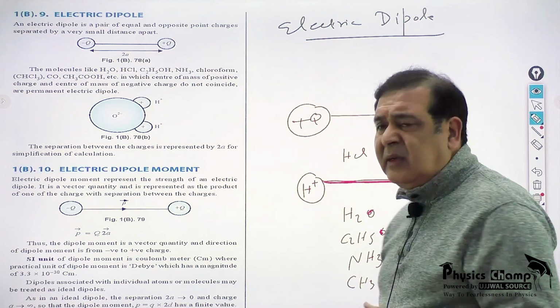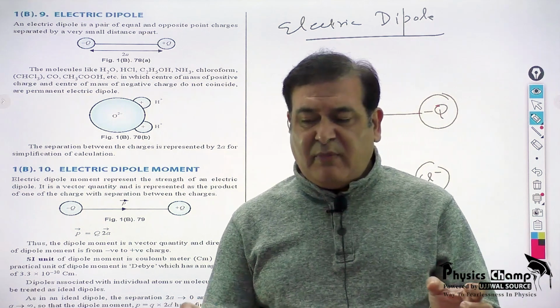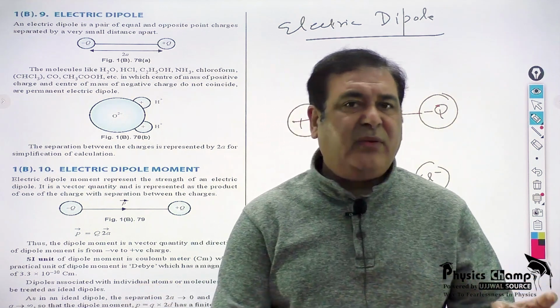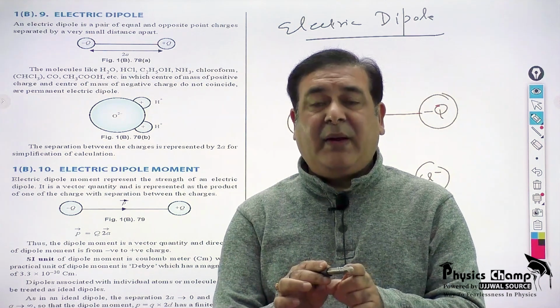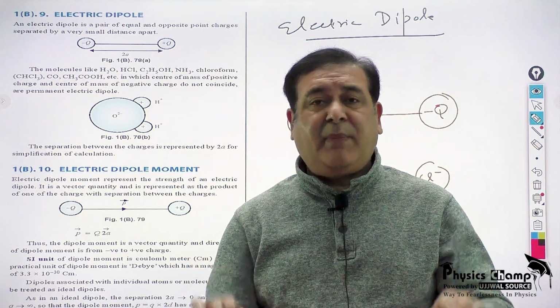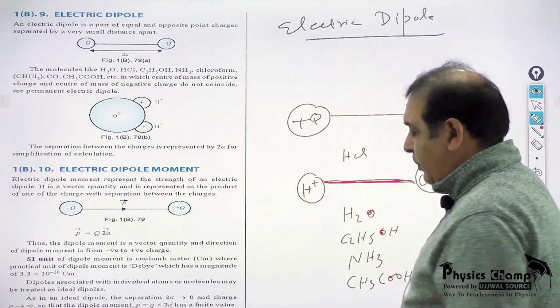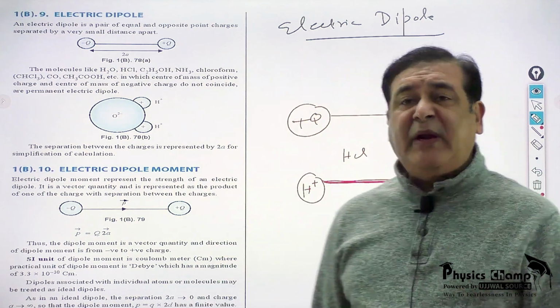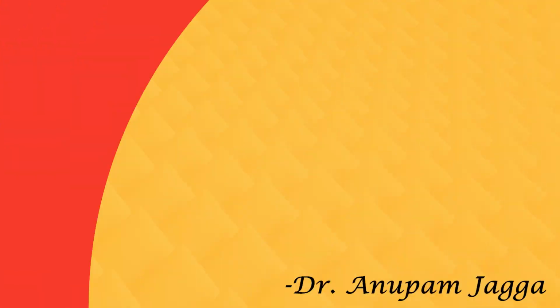So there are a number of molecules where the center of mass of positive charge and negative charge do not coincide, they do not overlap. Instead, they are some distant apart and they remain there. They are all electric dipoles, and it would be interesting to learn their behavior in the electric field.